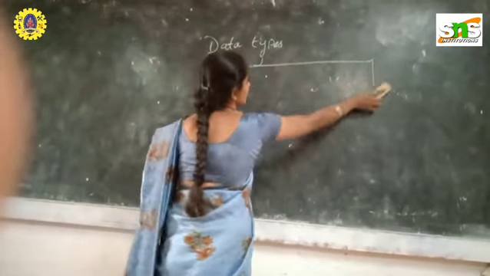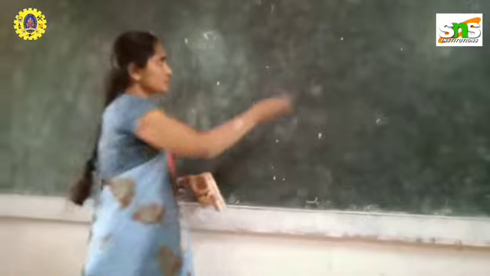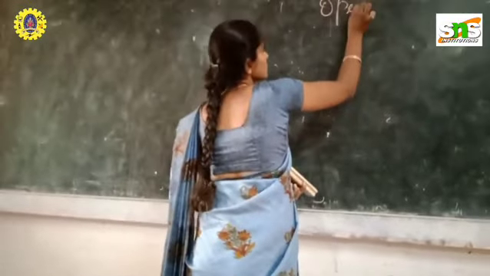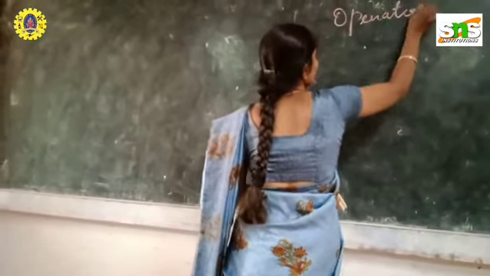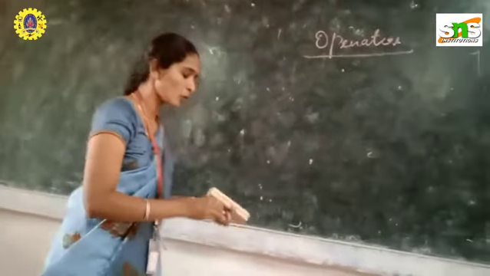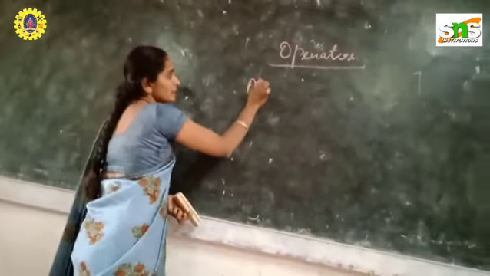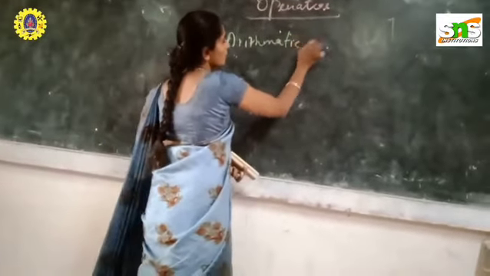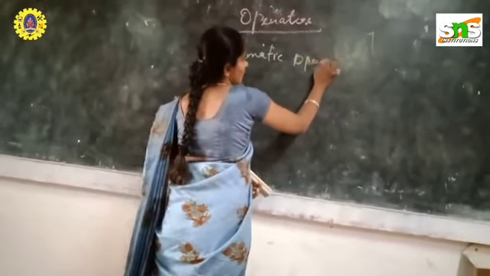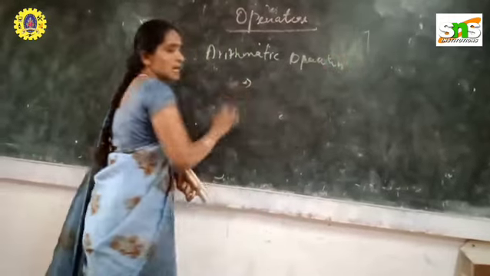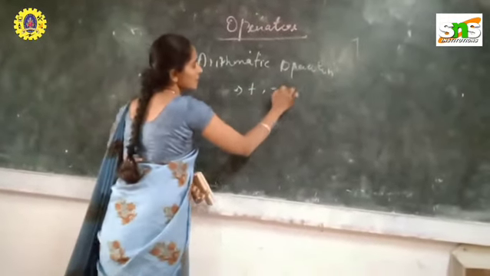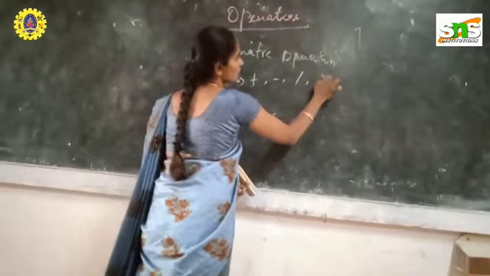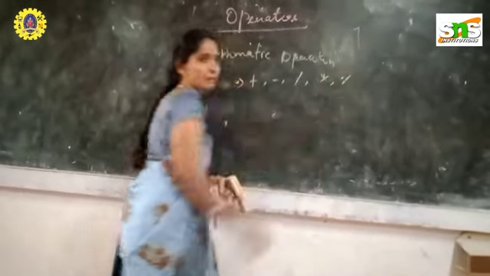Now we will see the operators. What are all the operators we use in Java programming? In operators we have many types. The first one is the arithmetic operator, used to perform arithmetic operations: addition, subtraction, multiplication, division and modulo division.